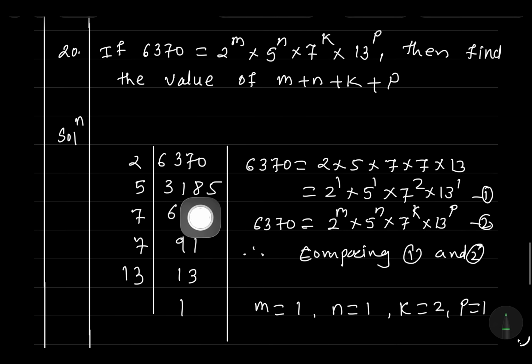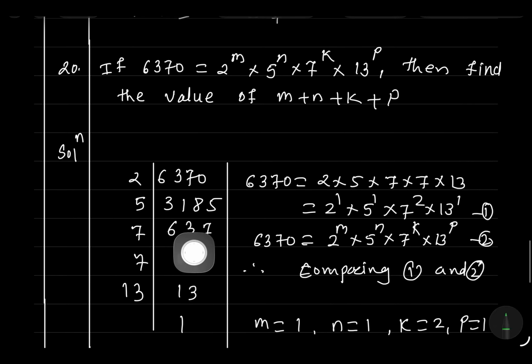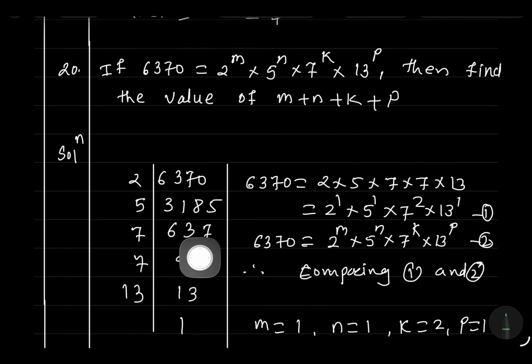So dividing by 2 you will get 3185. The unit place 5 is there, so it is divisible by 5. Dividing by 5 you will get the answer 637. See, if this number is not familiar or it is very difficult to find by which number it is divisible, it is very simple here. 2 into 5 are the factors, but we only have to find the exponents.